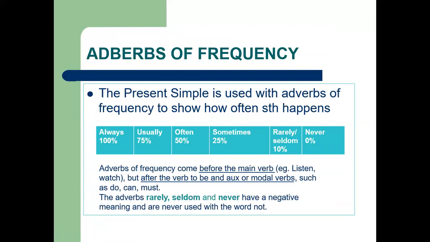What should we remember about adverbs of frequency? We have to remember the place within the sentence, right? We can say that adverbs of frequency come before the main verb, when the main verb is not the verb to be. In other words, the adverb of frequency is placed between the subject and the verb.